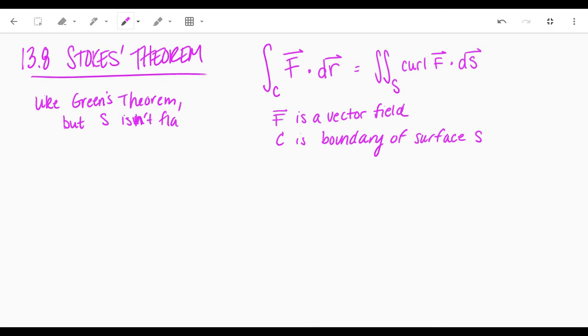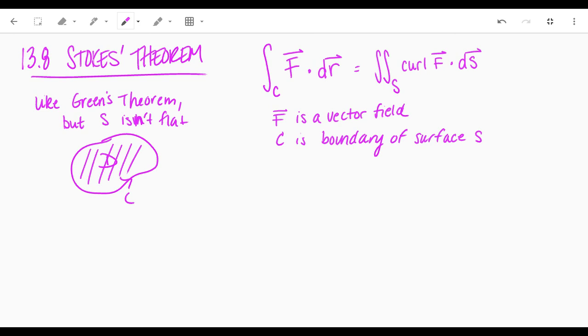Remember in Green's theorem we had D and C, and D was this flat surface. S isn't necessarily flat. S can be a surface that's changing in the z direction.